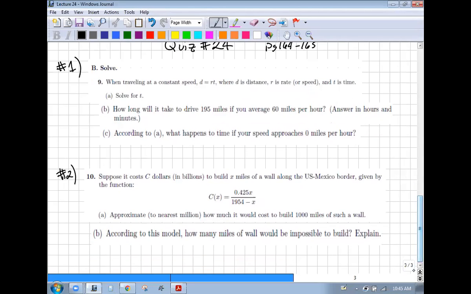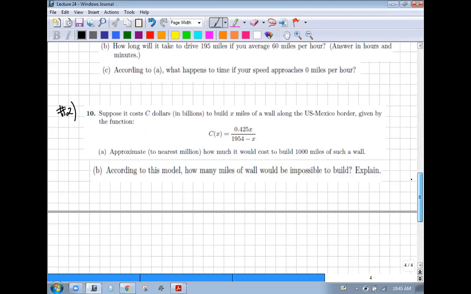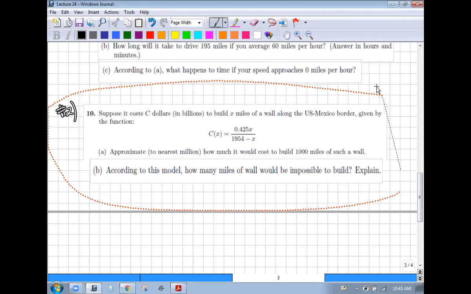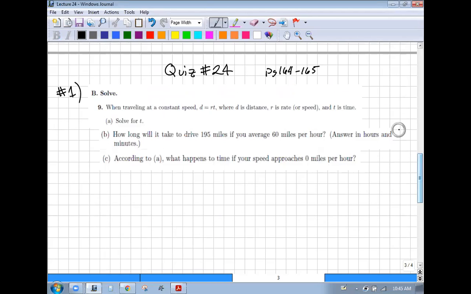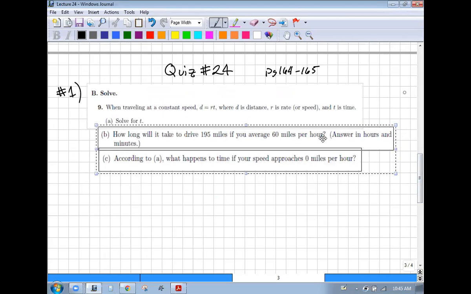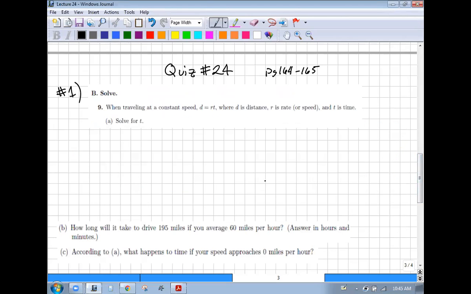Okay, let's see here. Let's make some room. Move number 2 down here. So if D equals RT, where D is distance, R is rate, and T is time, solve for T. Okay, well, if D is RT, we could write this as RT equals D, of course.